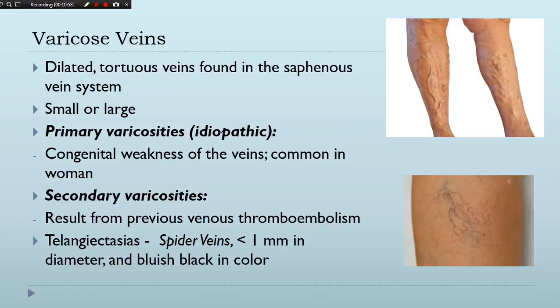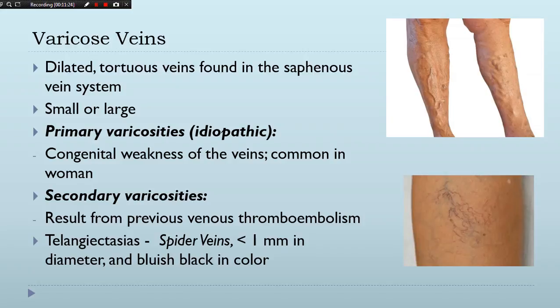So there are two kinds, primary and secondary varicosities or varicose veins. Usually your primary or your essential are going to be idiopathic, so we don't know why they happen, but they're typically a congenital weakness of the superficial veins. They're more common in women. And the secondary varicosities are those that are going to occur secondary to a prior blood clot.